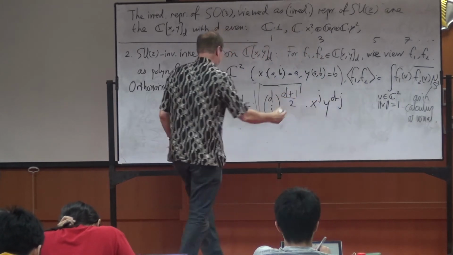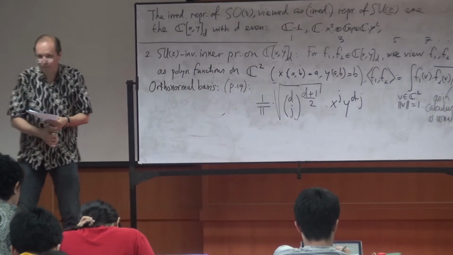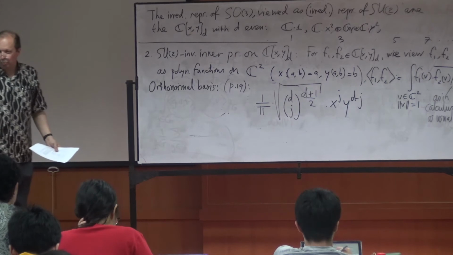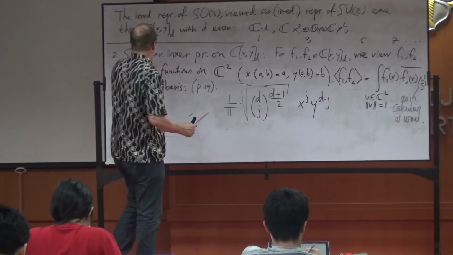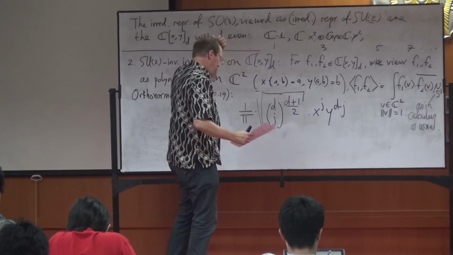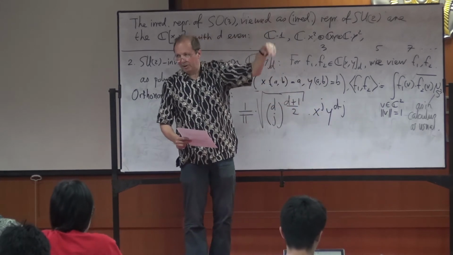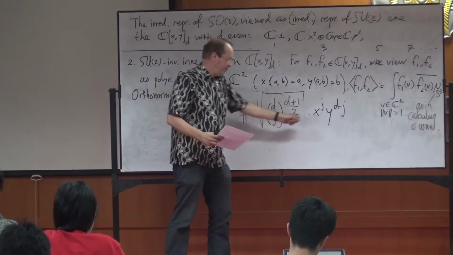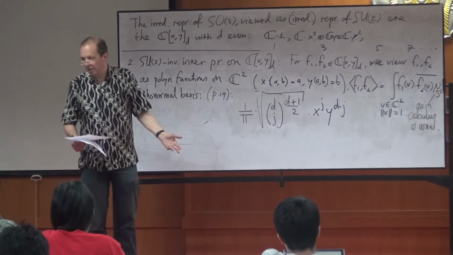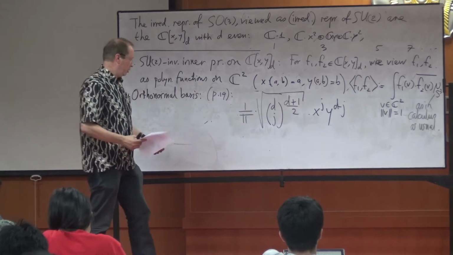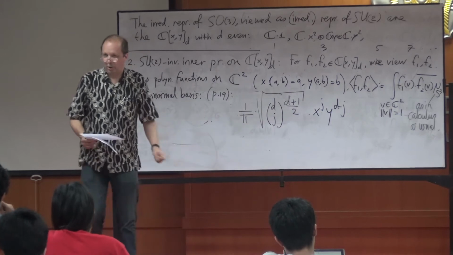So this is one of the monomials in my basis, and it was orthogonal already, so that is nice, but this is not surprising, because the diagonal matrices in SU2 were just scaling this x and this y by factors e to the i phi to the something. So these are eigenvectors, and you know eigenvectors with different eigenvalues are orthogonal anyway. But the question is, which factor do you have to put to make it really orthonormal, to give it norm 1?